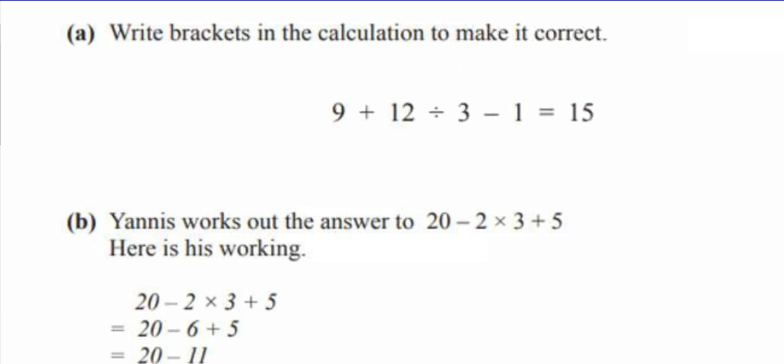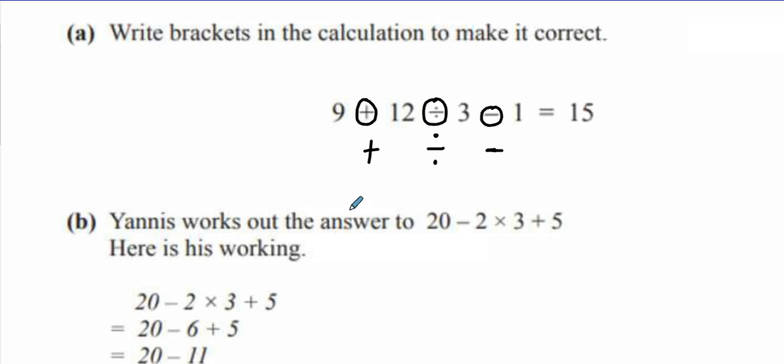Okay, now when you get this question or something similar to it, what you have to look at are these operations here. How many operations are here? There are 3 operations: one is addition, another one is division, another one is subtraction.